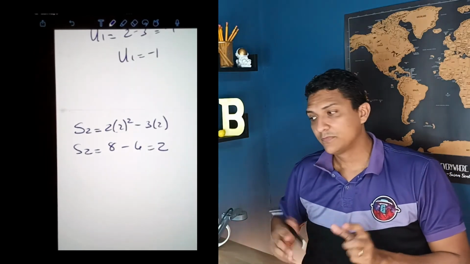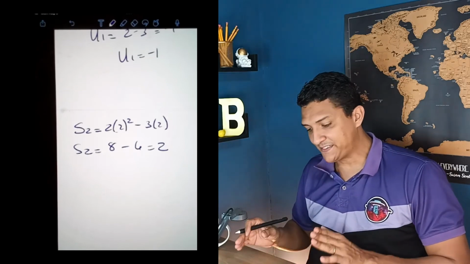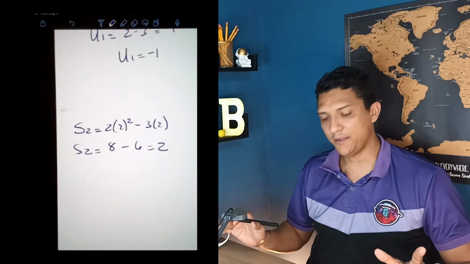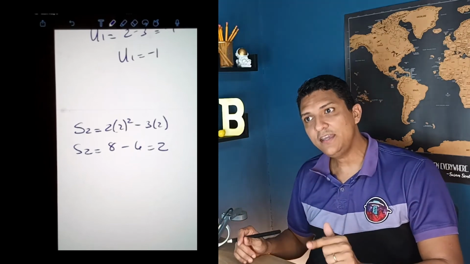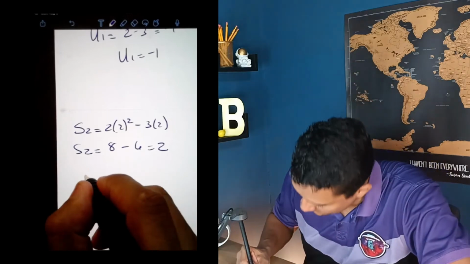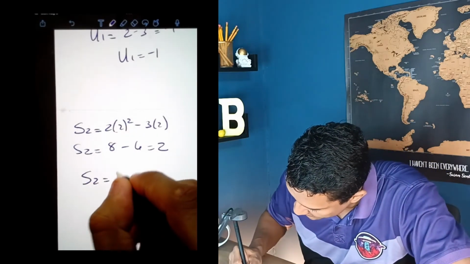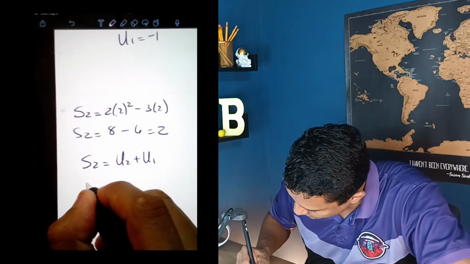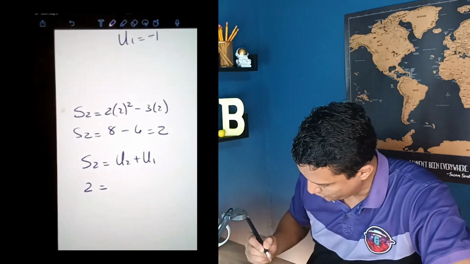Be careful. Okay, don't make the mistake of saying that S2 equals U2. That is incorrect. Okay, remember that S2 is the addition of U2 plus U1. Okay, so S2 is U2 plus U1, and we know that S2 is 2.